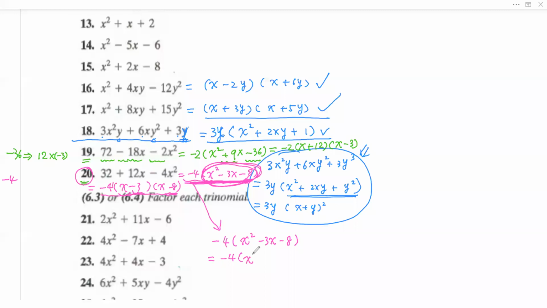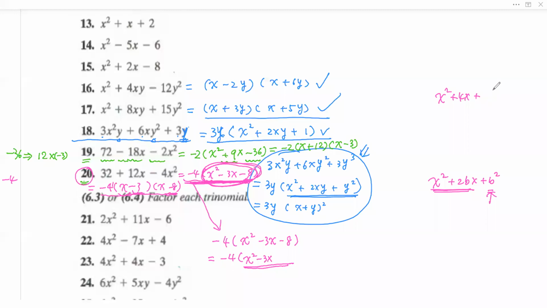So the first step is to make this into a perfect square. Do you remember this one? x squared plus 2bx plus b squared, right? If I give you two terms, can you find the third term? Something like x squared plus 4x.